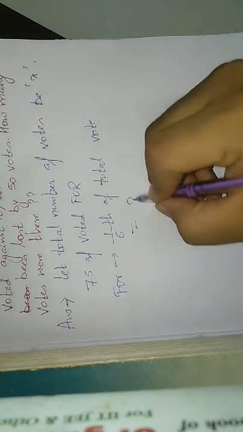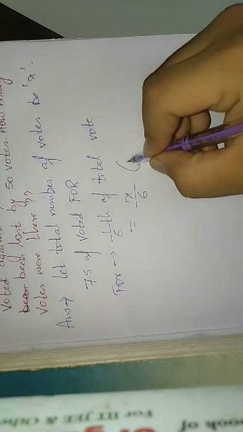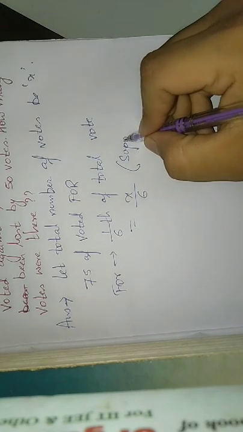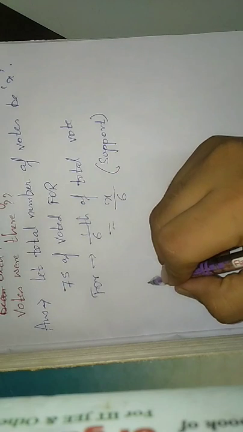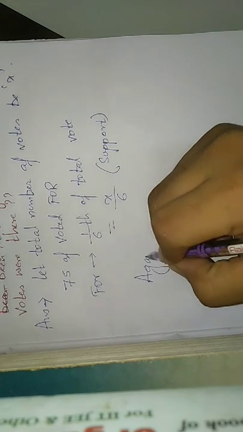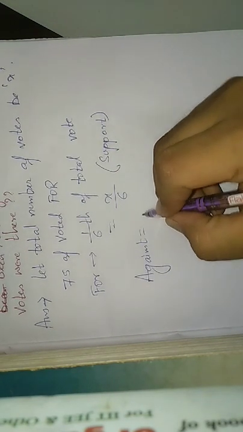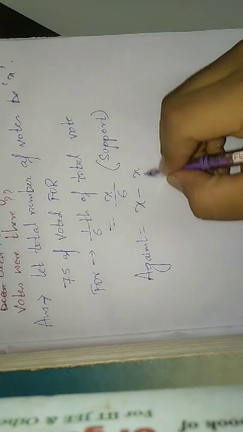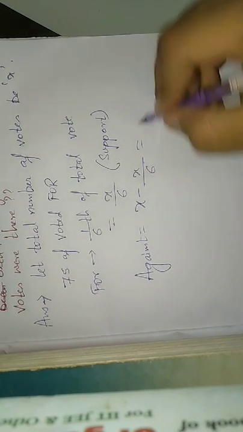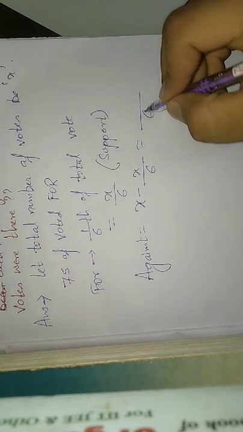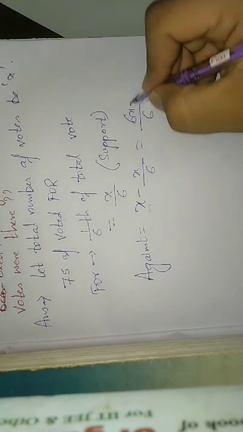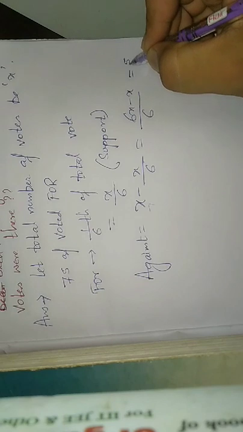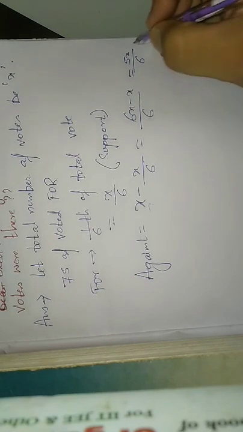Means X by 6 was for support, and for against, total vote minus the votes in support. So 6x by 6 minus x by 6, which is 5x by 6. These were the people who were against it.